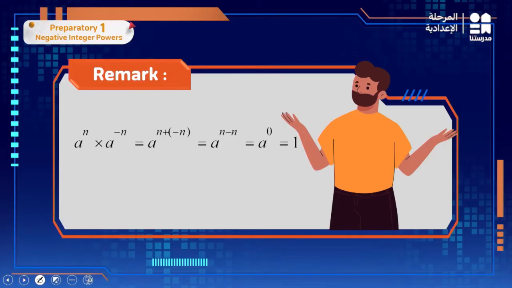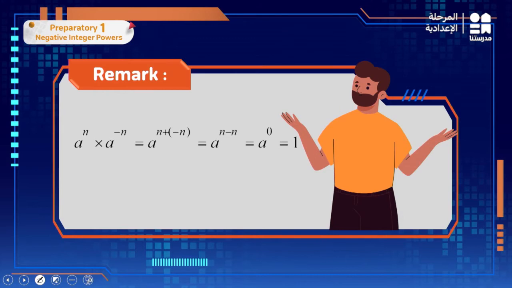Now we have another remark. a to the power of n times a to the power of negative n is equal to a to the power of n plus negative n. So here in multiplication, as we know before, we have to add the exponents, even if we have negative or non-negative integers. So it is a to the power of n minus n equals a to the power of 0 equals 1.